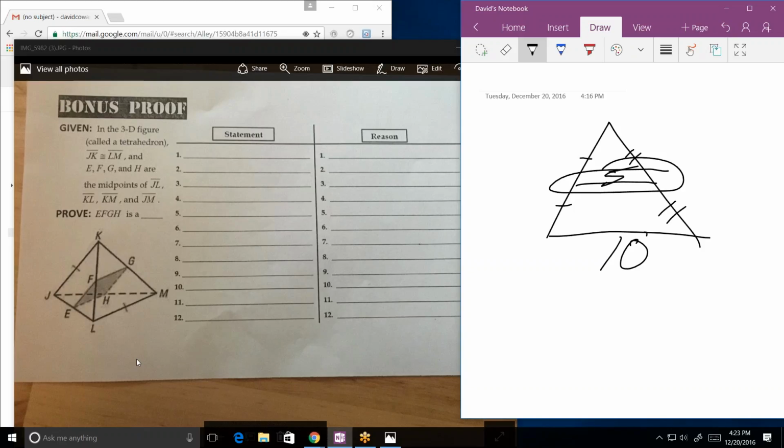Okay, so you're saying FG is what? And then there's also EF. Okay. Work me through your logic. Splitting this into multiple triangles, I have EF is a midsegment, I have FG is a midsegment, and I have EH is a midsegment.